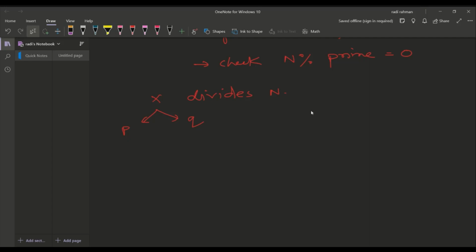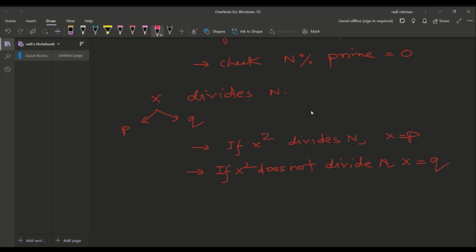You don't know. Then you have to check another thing, that if x square also divides n, that means your x is equal to p. But if x square doesn't divide n, then your x is only q, right?